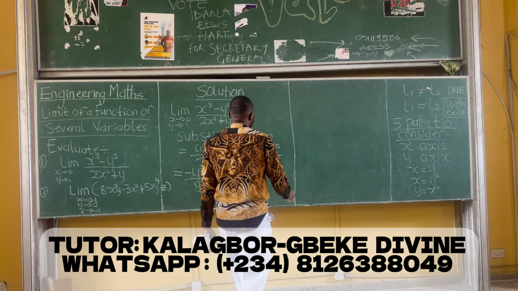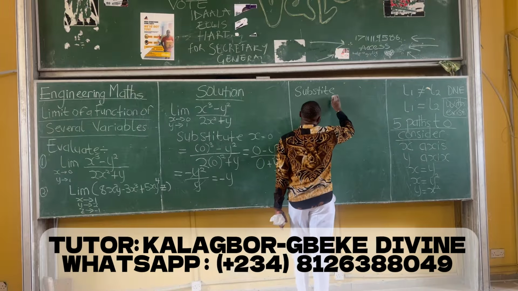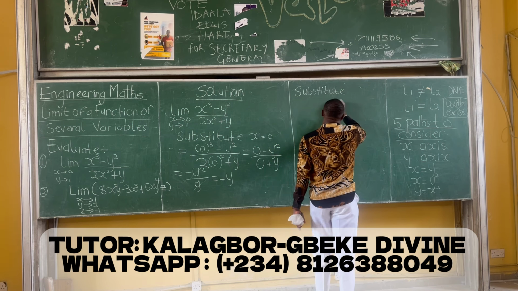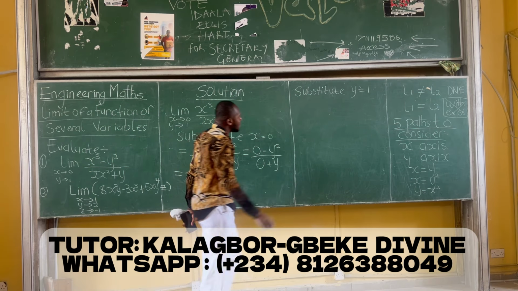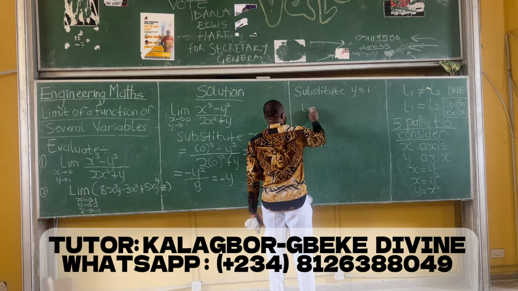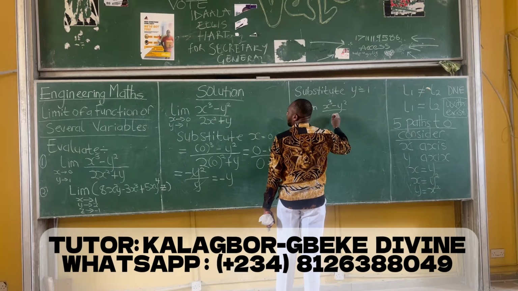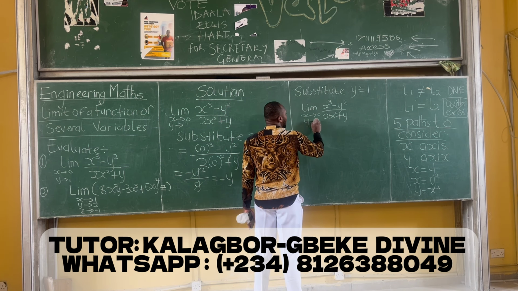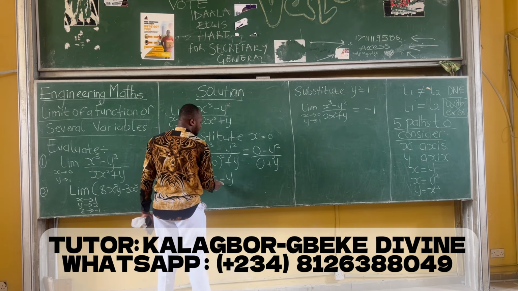So now we'll substitute y as 1. Our answer for the limit of (x³ − y²) over (2x² + y), as x is approaching 0 and y approaching 1, equals minus 1, because here we are putting y now as 1.